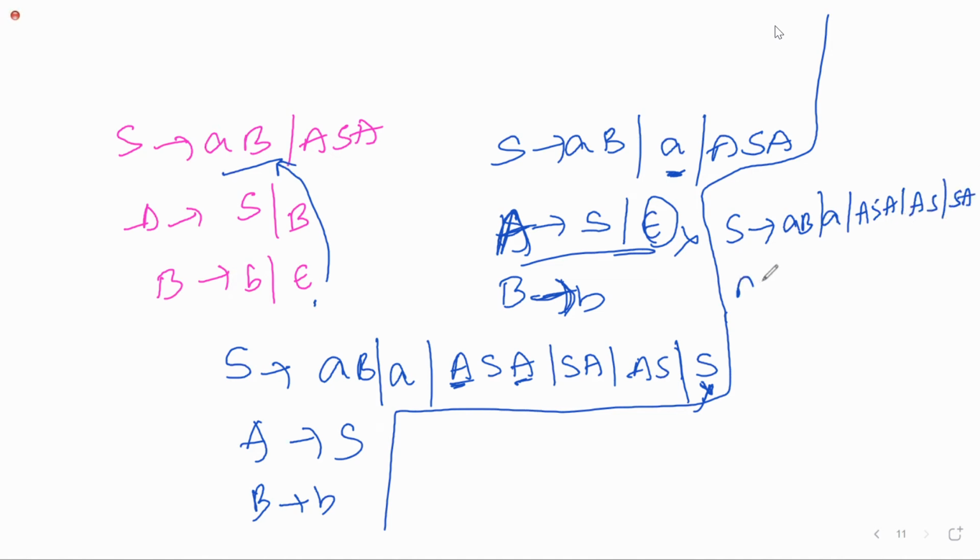A tends to S means, in this part I'm replacing it with S values, and B tends to B. Now it is free from unit productions, and it is free from epsilon productions.